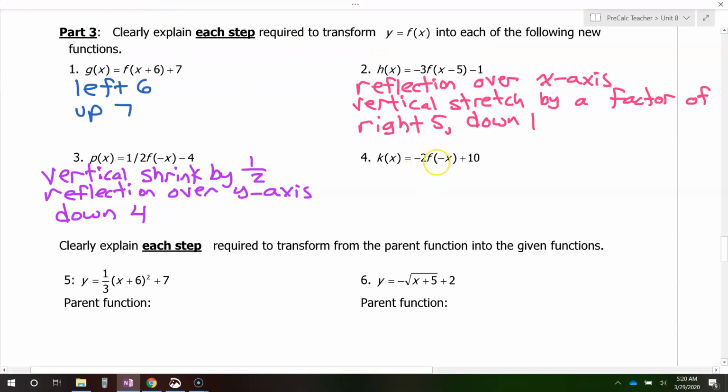Okay, 1, 2, 3 transformations, 4 transformations, I'm sorry. The negative sign in the very front is a reflection over the x-axis. Now ignore the negative sign. The 2 is a vertical stretch by a factor of 2.